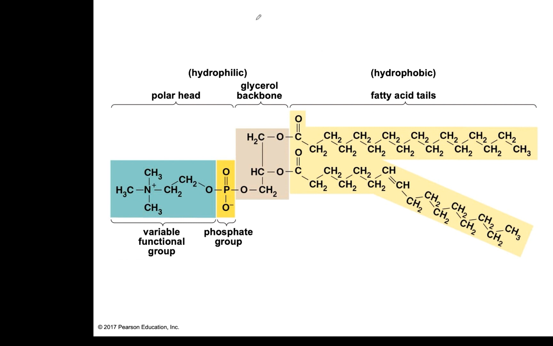But in the case of phospholipid, only 2 fatty acid chains will bind to 2 carbons of the glycerol molecule. The remaining carbon of the glycerol molecule will bind with a phosphate group. Therefore, we call that phospholipid.